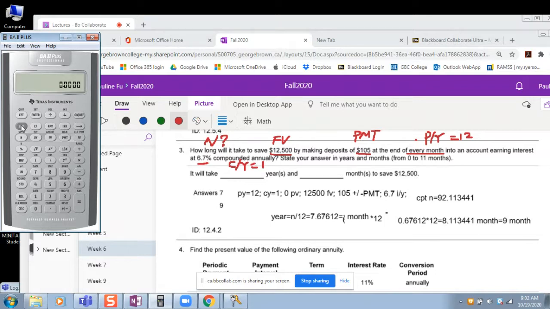So 12,500, FV. 105 negative, PMT. 6.7, IY. 0, PV. Finally, compute, and you get 92.1134.